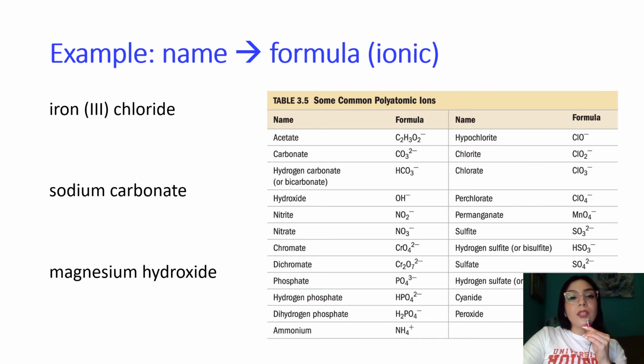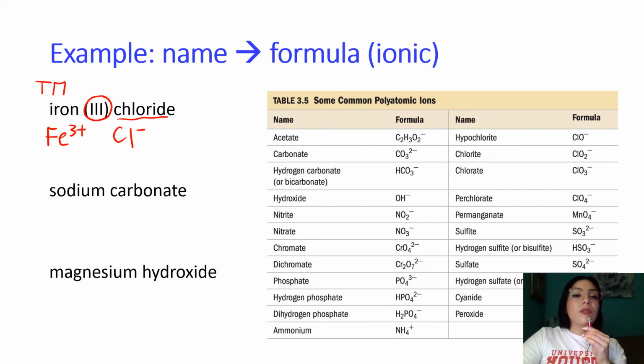So once you see that 3, that means that this is a transition metal. When you see that 3, that means that that's the charge on that metal. So automatically we know this is Fe3+. Chloride, we know, forms a -1 charge based off of the periodic table. Halogens form -1 charge.